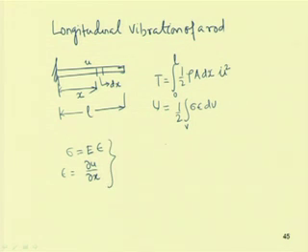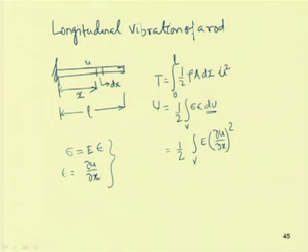So, one can write this potential energy equal to, this is a volume integral. So, this becomes E into epsilon, E into epsilon square. So, this becomes E into del u by del x whole square into dV.